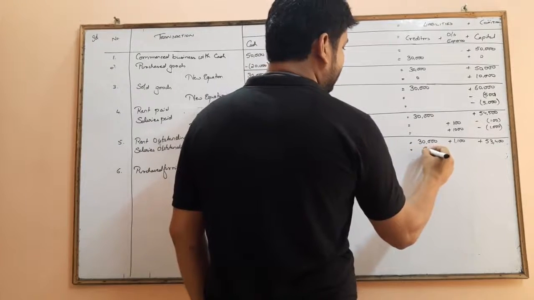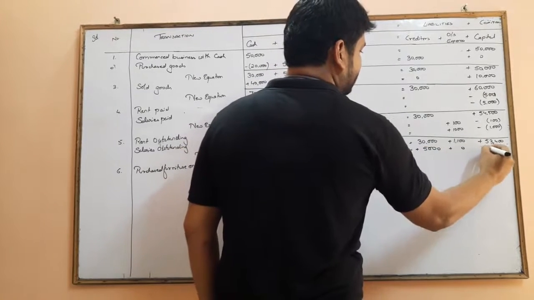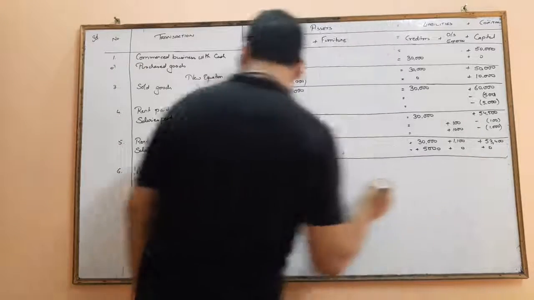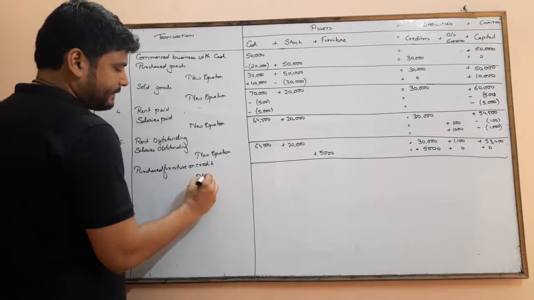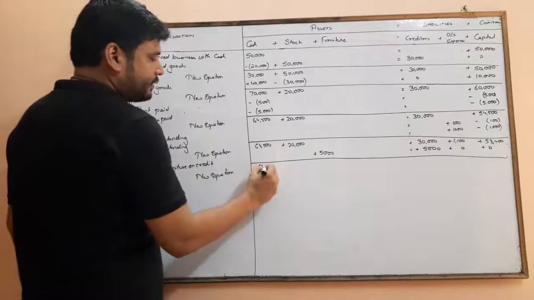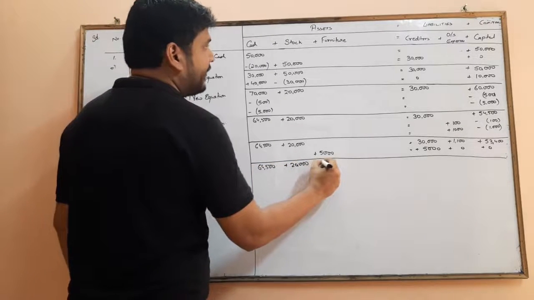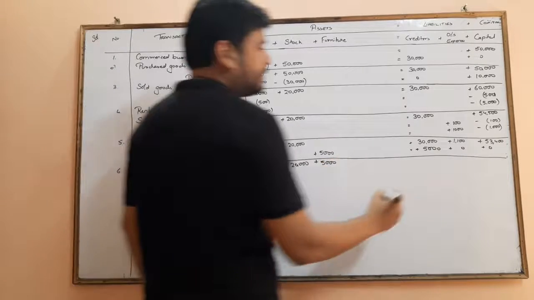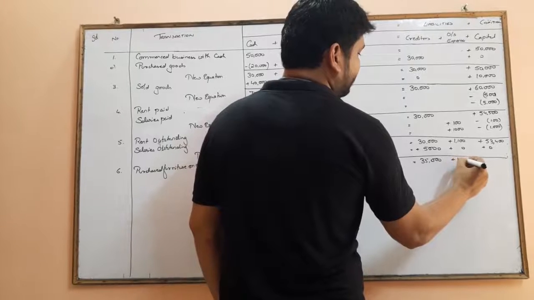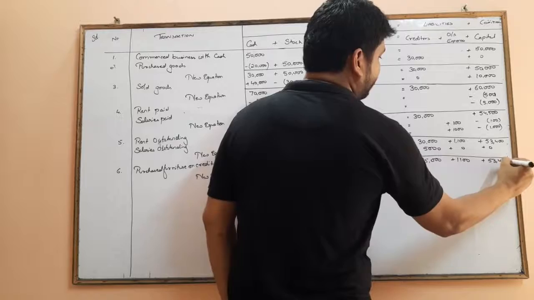So plus 5,000 in creditors. Okay. So my new equation after this transaction: 64,500 cash, 20,000 stock, 5,000 furniture, 35,000 creditors plus 1,100 outstanding expenses and capital of rupees 53,400.